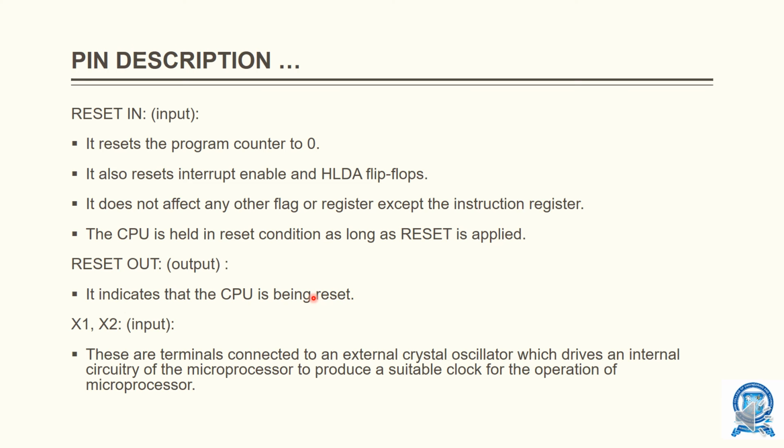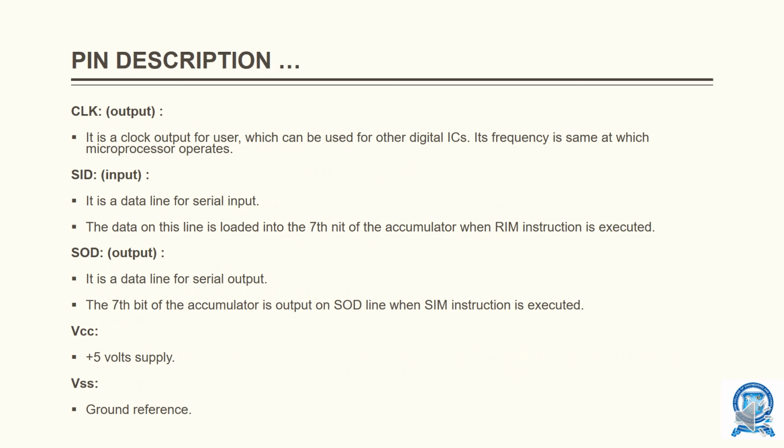X1 and X2, these terminals are connected to an external crystal oscillator which drives an internal circuitry of the processor to produce a suitable clock for operation of the microprocessor. Clock. It is the clock output for the user which can be used for other digital ICs.